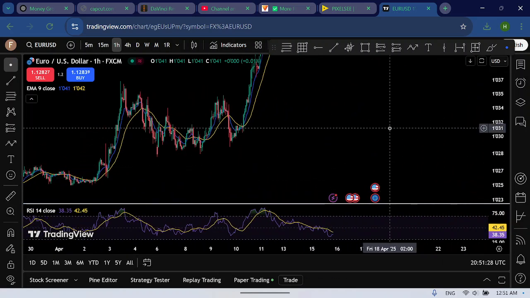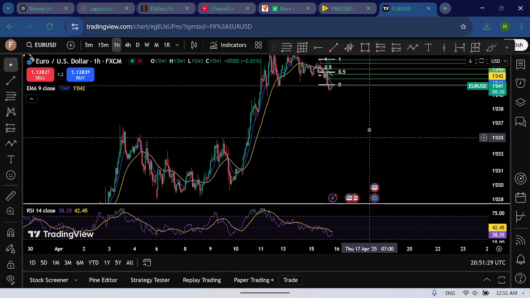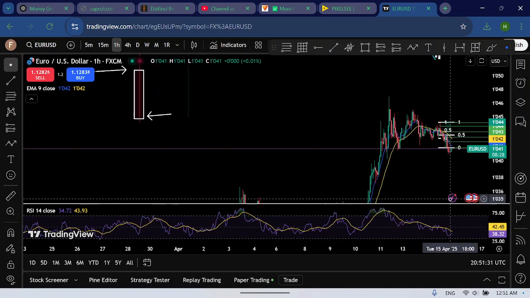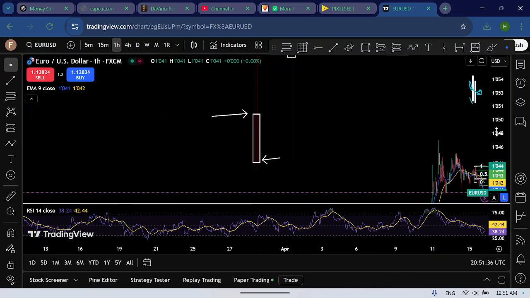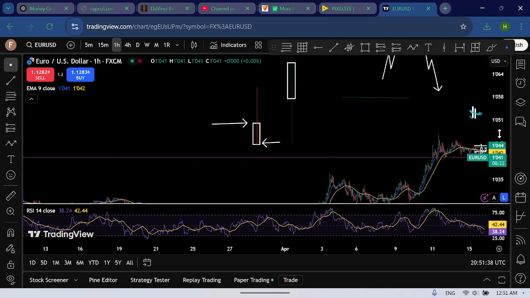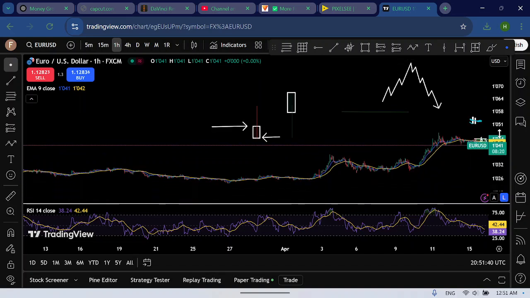So that's it. The basics are like this. In the future I will teach you guys some ICT trading strategies, and there are so many more trading strategies like Wyckoff and stocks. There's so much more, but you guys need to know the basics.